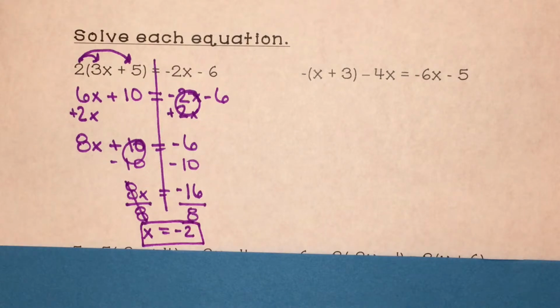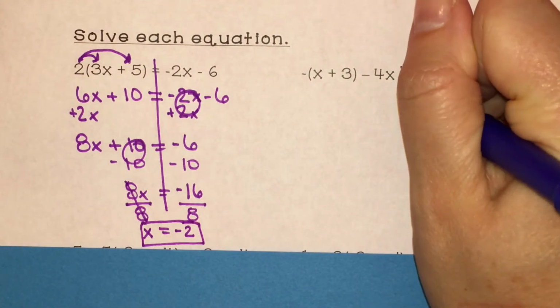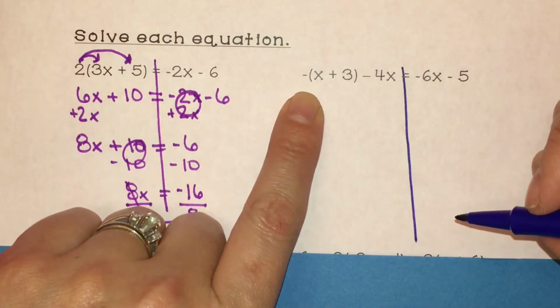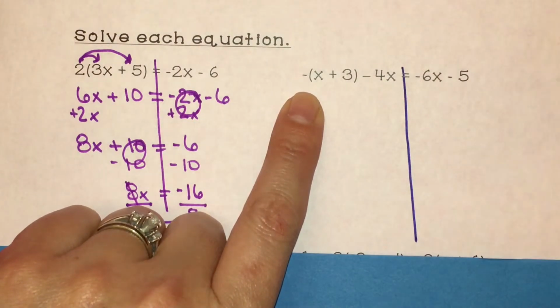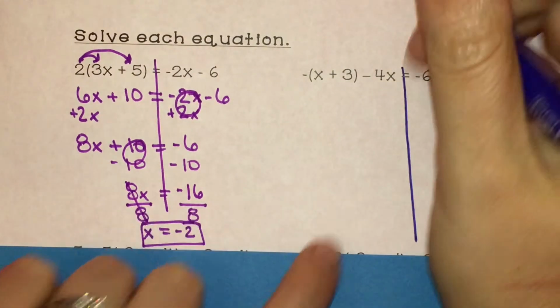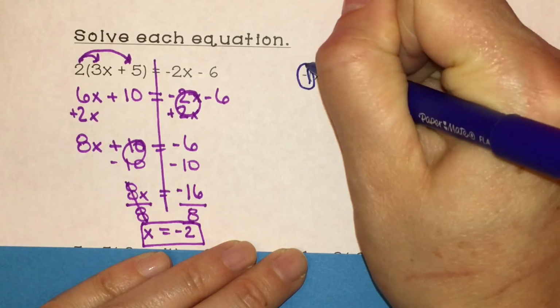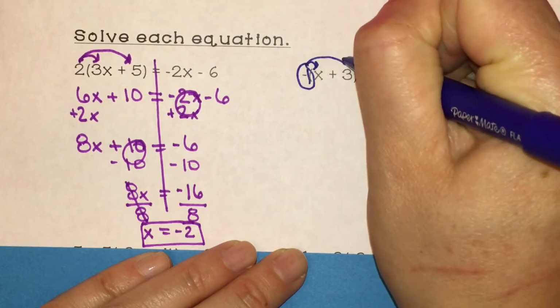Now on this side, I have a negative outside the parenthesis. I have to distribute that. Anytime you have something outside the parenthesis, it has to be distributed. I'm going to treat it as negative 1, so I'm going to multiply everything inside by negative 1.